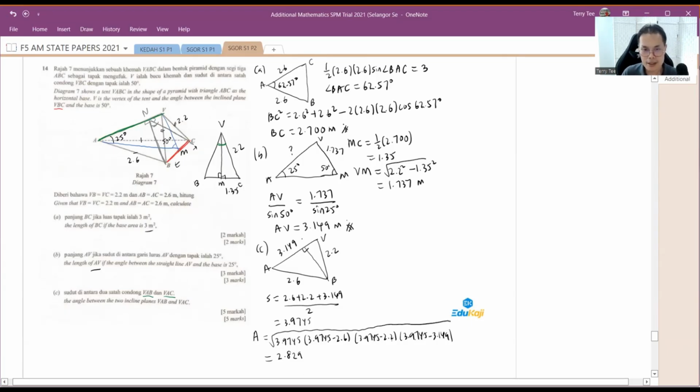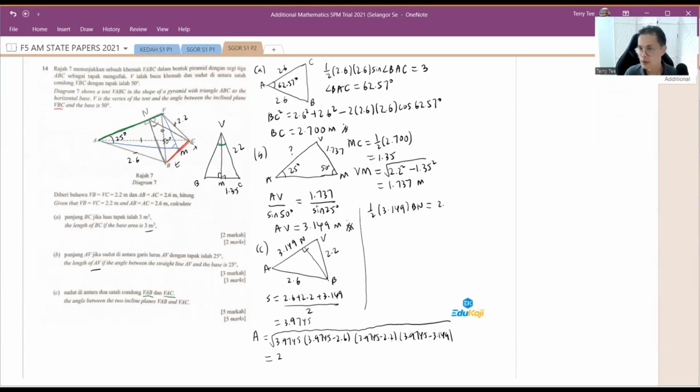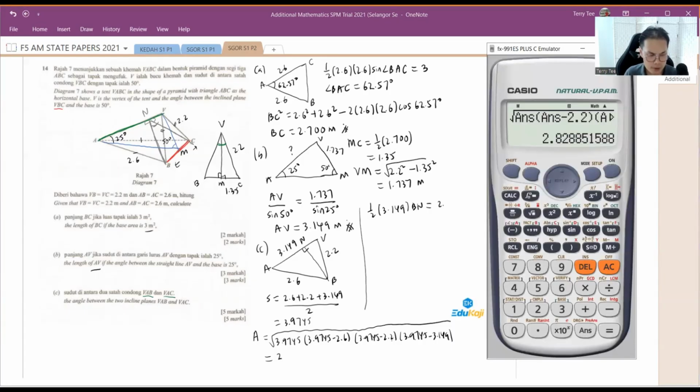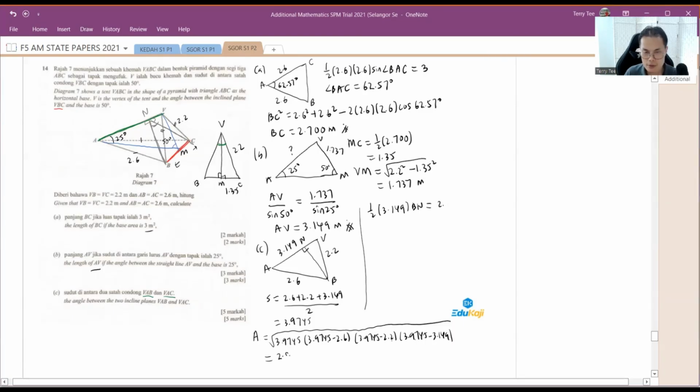Now I want to find the height. Like I said, I call this N, so this is BN. We can use half times base times height. Your base is 3.149, your height is BN, and the area is 2.829, a very small value.